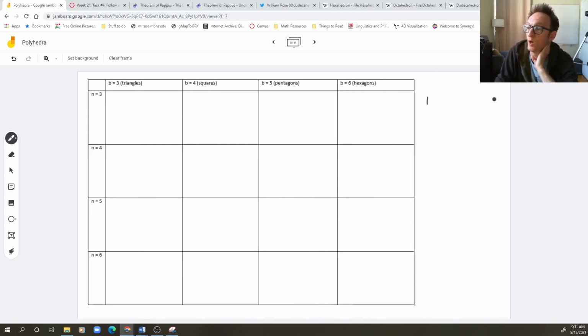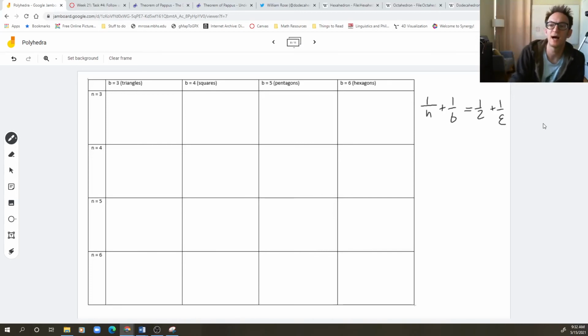So here we go. 1 over n plus 1 over b plus 1 equals 1/2 plus 1 over epsilon. Now a slow and careful explanation of what we did in class, but this time with care and joy. This is that chart, right, with various values of b along the top and various values of n for each row.